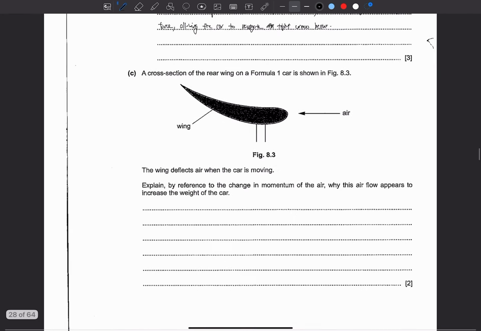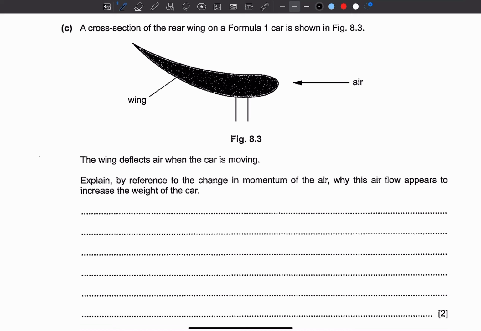Next, the cross-section area of the rear wing on a Formula car is shown. The wing deflects air when the car is moving. Explain by reference to the change in momentum of the air why this air flow appears to increase the weight of the car. Whenever you see change in momentum, you should think of Newton's second law, where force is directly proportional to the rate of change of momentum.